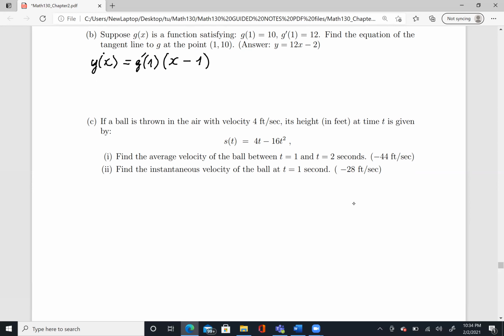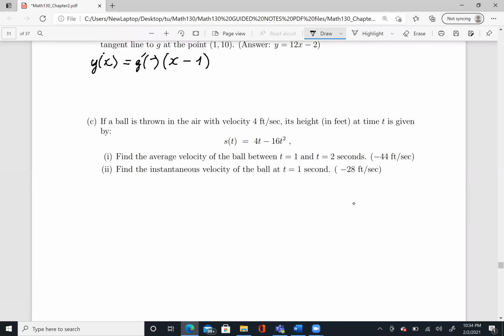Actually, you know what, I'm just going to write out exactly the formula so you can apply it later. Keep in mind that we have a equal to 1 and g of a equal to 10 because of this point.